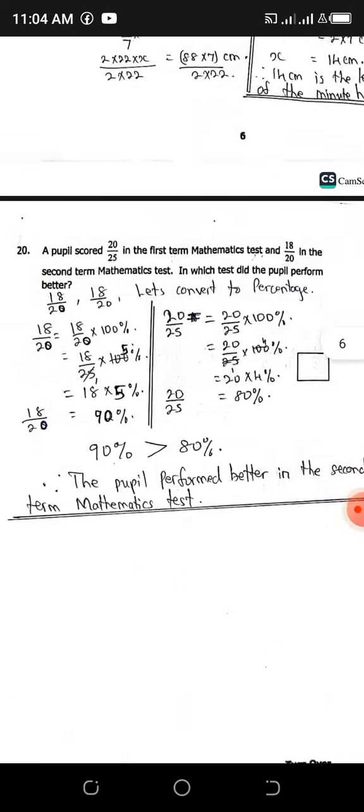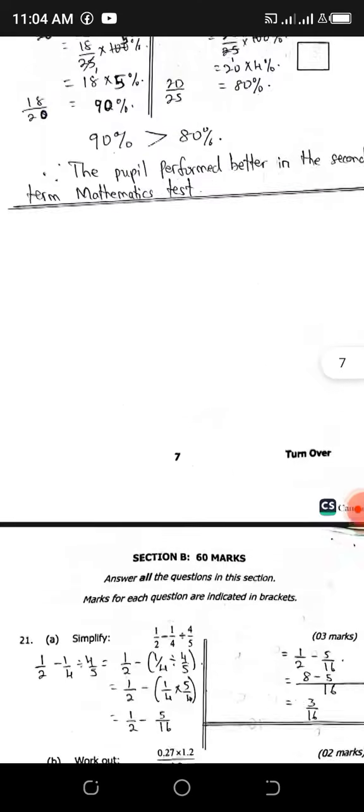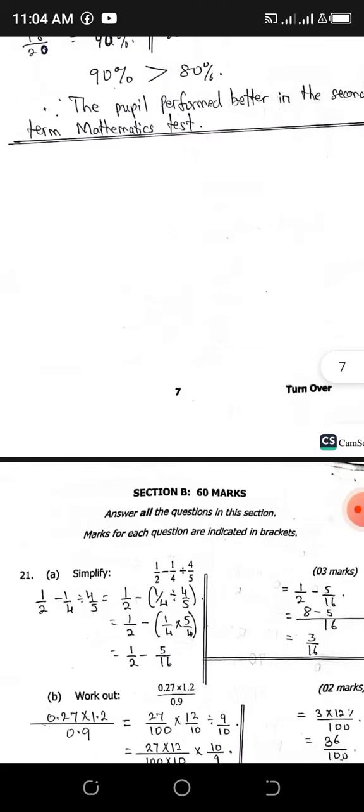Section B starts from question 21 up to question 32. A certain number takes 4 marks, 5 marks, or sometimes 6 marks. But these 12 questions will equal 60 marks, giving us a sum of 100 marks.